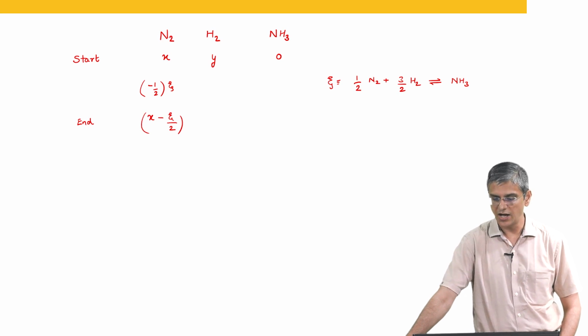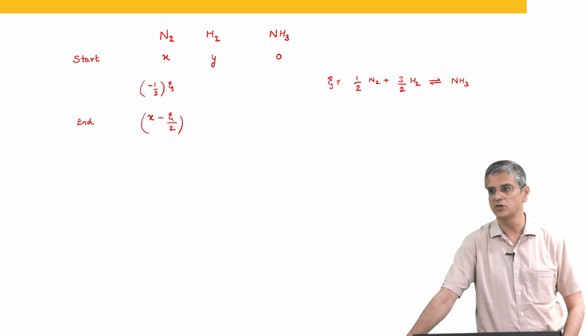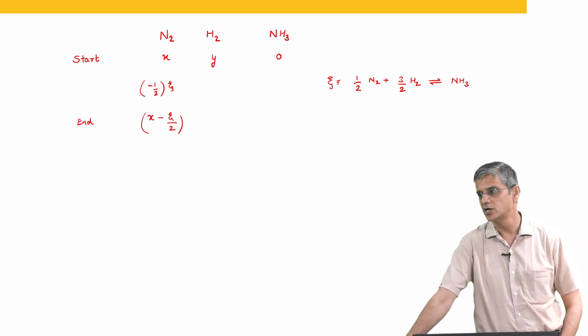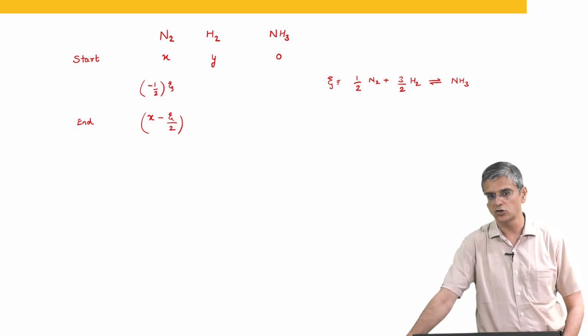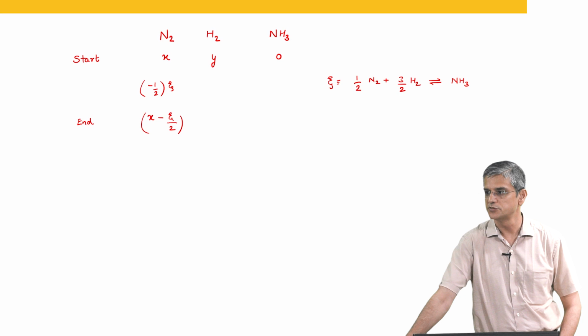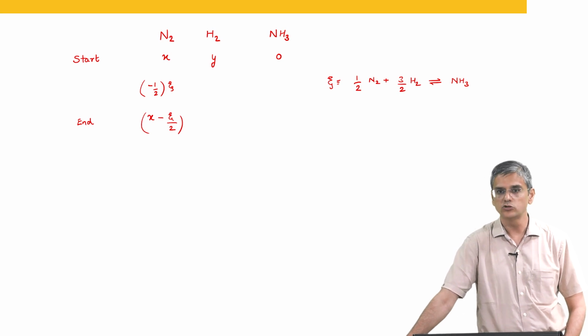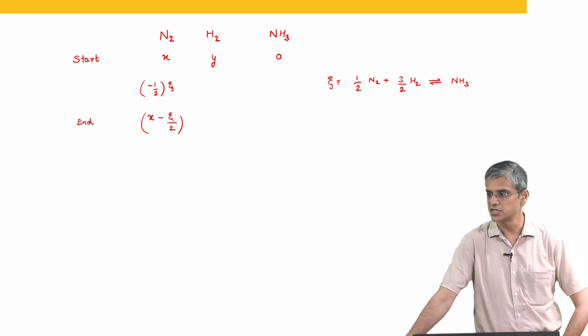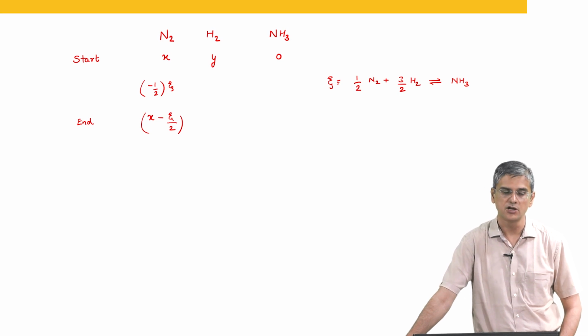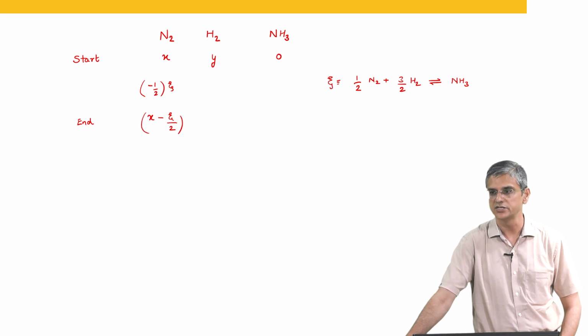So, initially you have some number of moles, because of reaction the number of moles are reducing. So, therefore, either the pressure will decrease at a constant volume or the volume will decrease at a constant pressure, or both will vary depending on the conditions that are given to you. So, in case number 1, you have to do the case where volume remains constant and pressure decreases. Case number 2, where pressure remains constant and volume decreases.